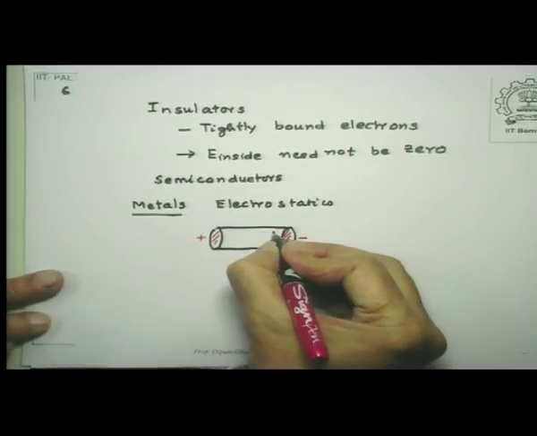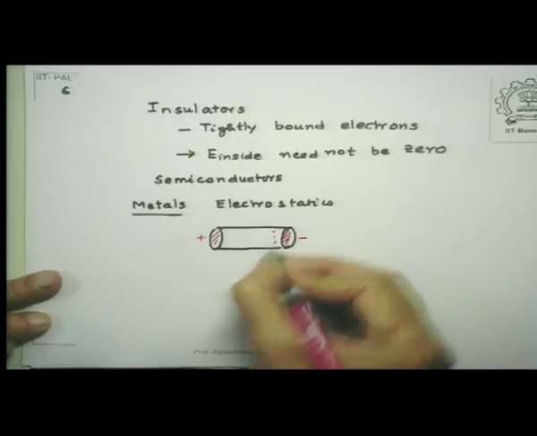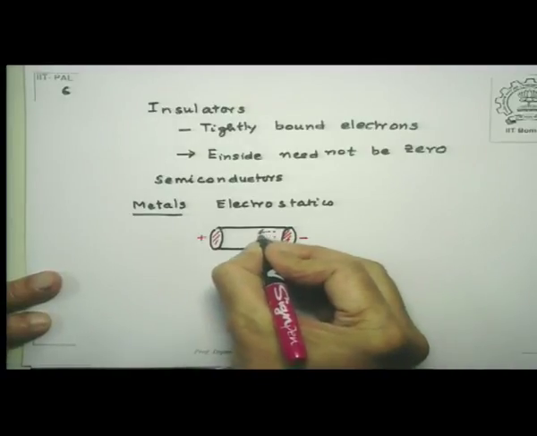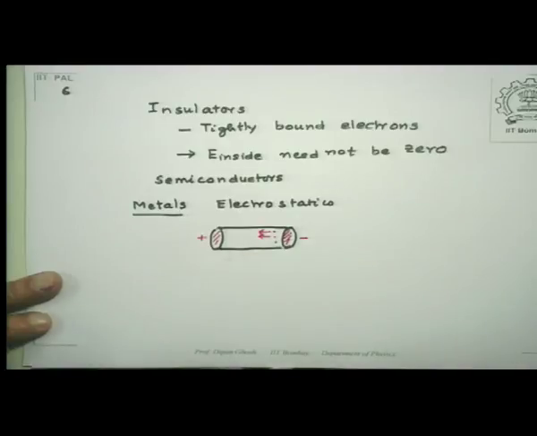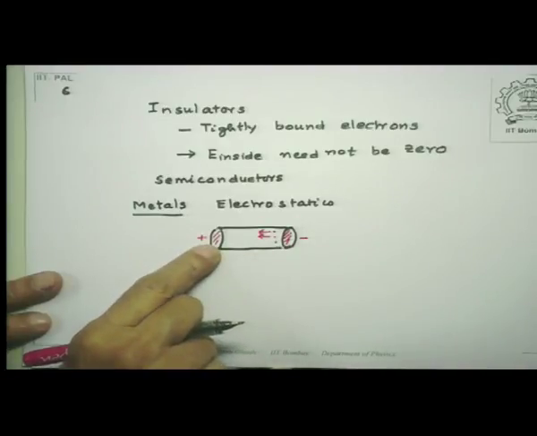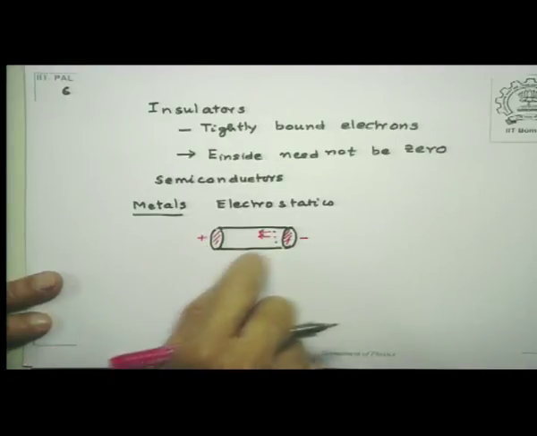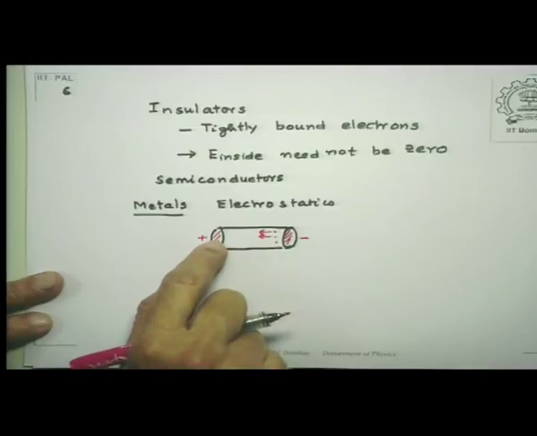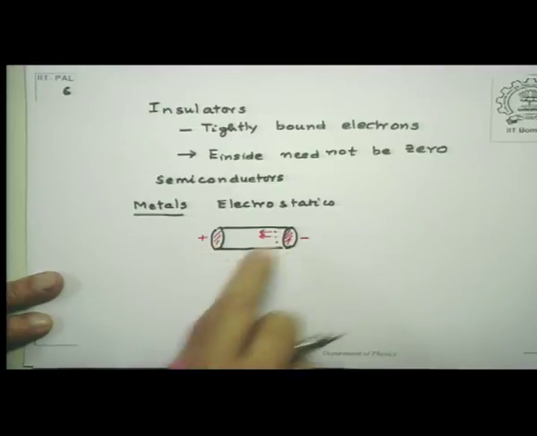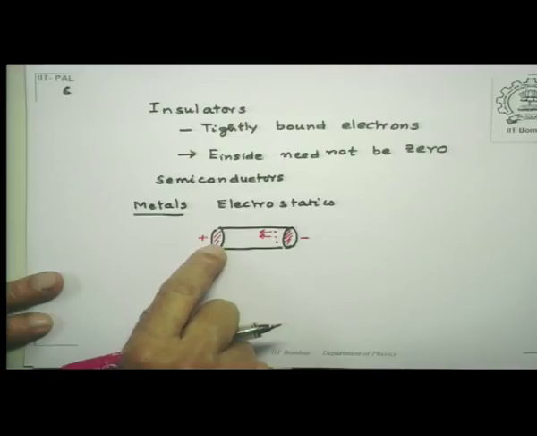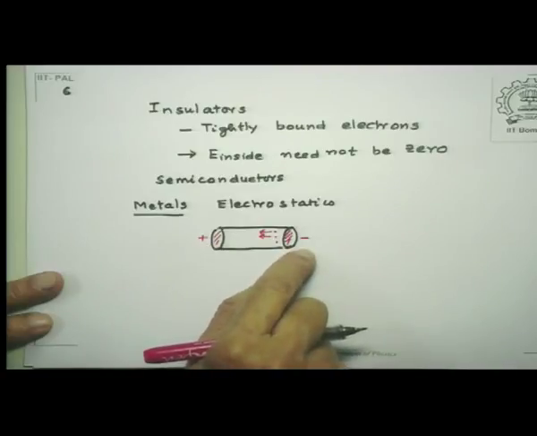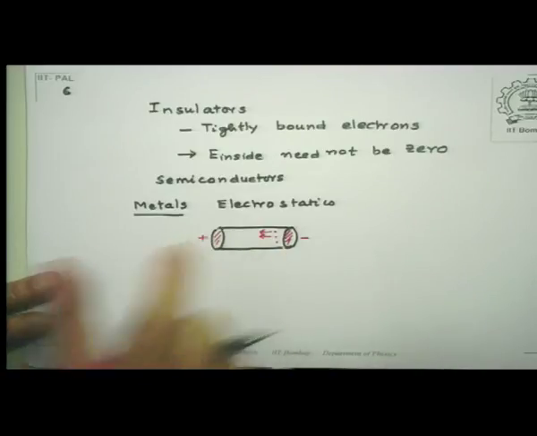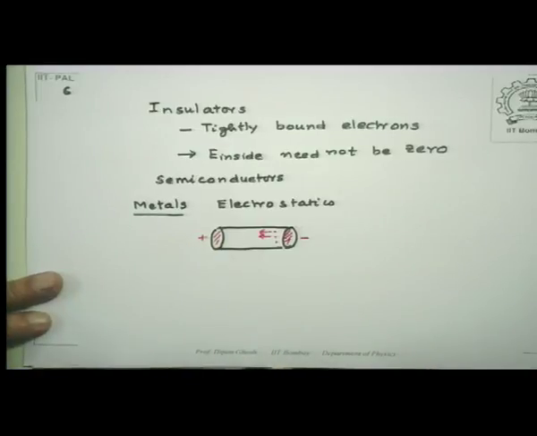The free electrons would start moving towards the plate with the positive charge, and initially, before this happens, because one end had a positively charged plate and the other end a negatively charged plate, I had essentially created an electric field.